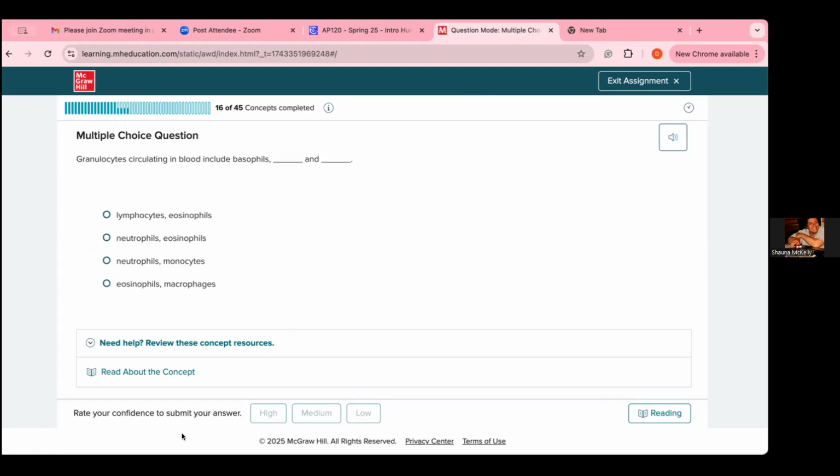Granulocytes circulating in blood include which three?